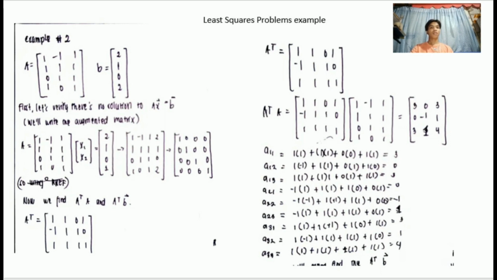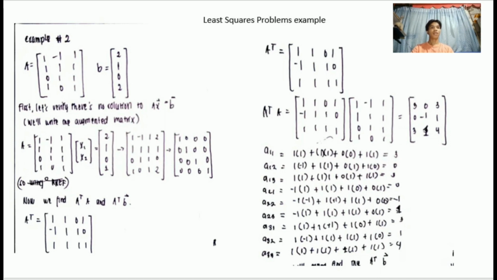That's why it leads to this given. So as you can see, we need to do again and find out our A transpose times A as well as our A transpose times B. So as for our A transpose, we just need again to switch or swap the row from row to column and vice versa.